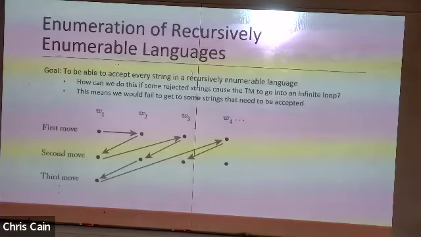Or sorry, given a string, it will be accepted in a finite amount of time. If W sub 1 spins forever, enters an infinite loop at some point, we will be stopping that process after some number of moves to consider new strings.